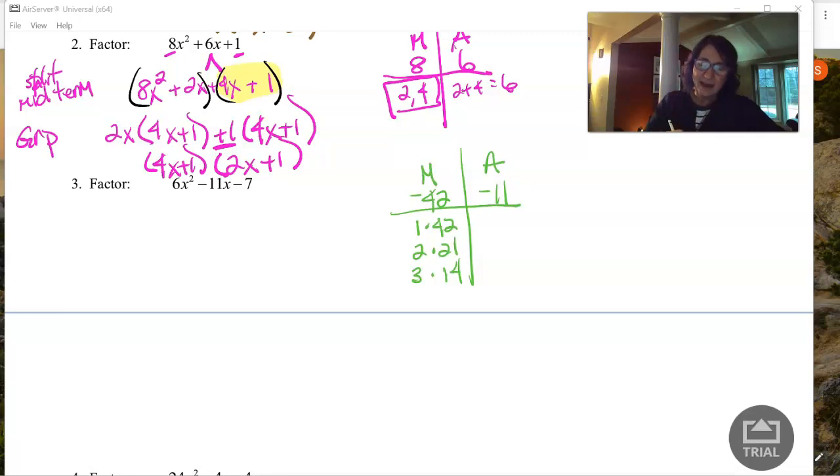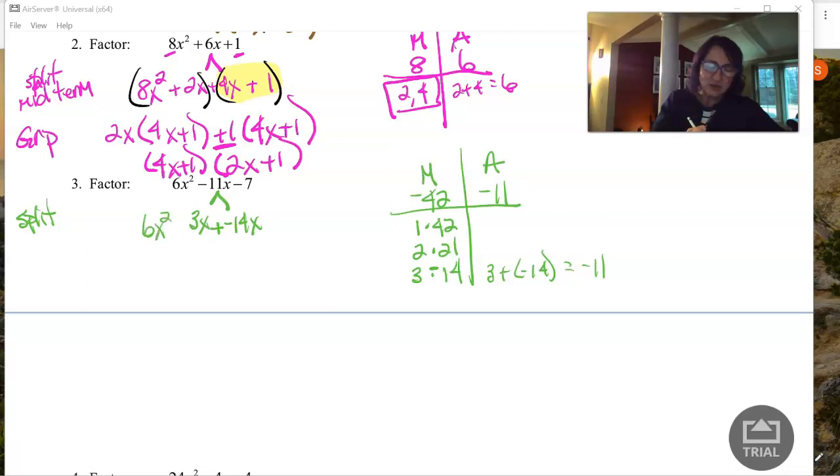Okay. If I make the 14 negative, then I multiply those two factors together to get a negative 42, add them to get a negative 11. That works. So now I want to split the middle term. So I bring out my 3x and plus a negative 14x. Now I've got to bring down the 6x squared and the minus 7.